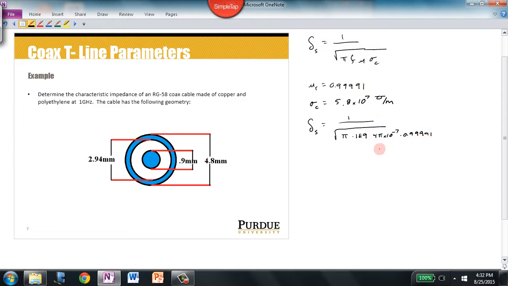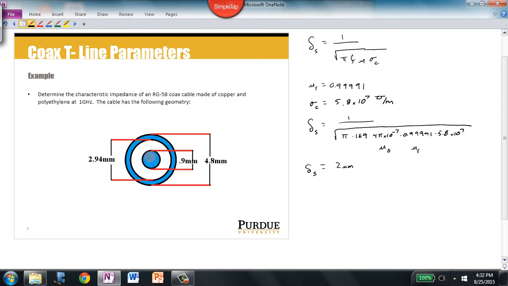That's mu vacuum magnetic permeability times relative magnetic permeability. And then finally we need to multiply by 5.8 times 10 to the 7th. All this is under the square root, and that gives us a skin depth of 2 microns.